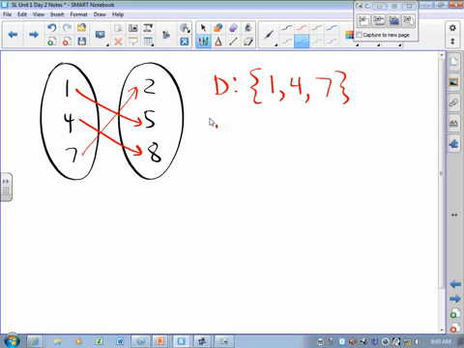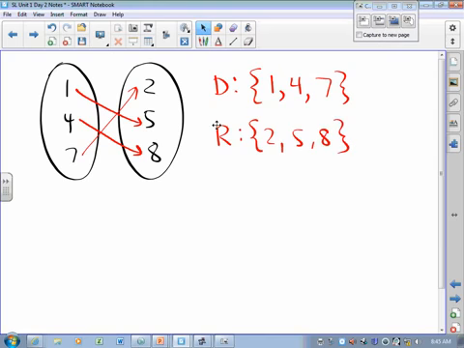The range is the set of outputs, the set of numbers that have an arrow headed toward them, 2, 5, and 8. Now, quick side note here.